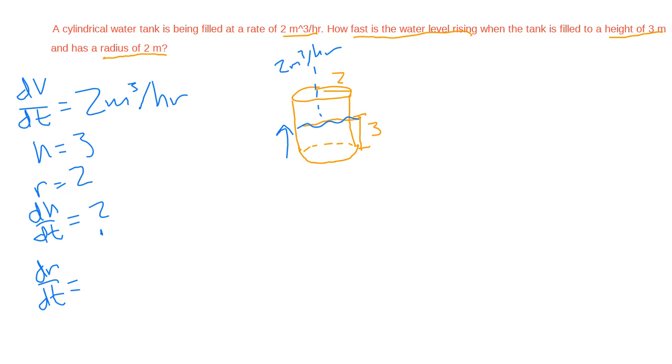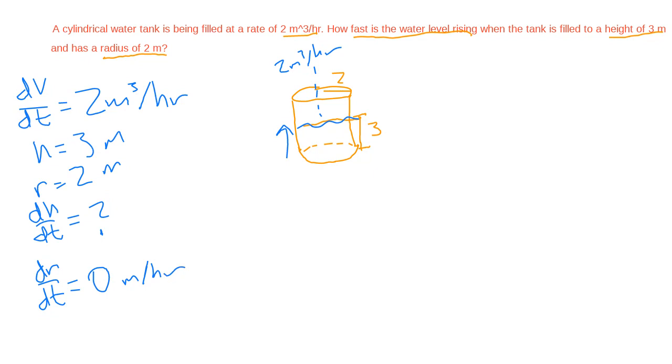That being said, the radius is not going to change because that's just a solid tank. It can't spread out any further, and it can't compress any further just because it's liquid. Therefore, our dr dt we can say is 0. And let's not forget our units, meters per hour.